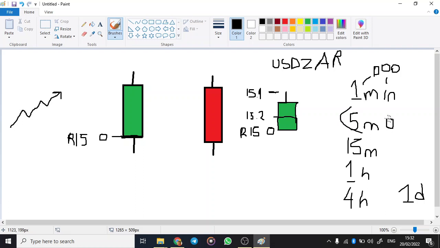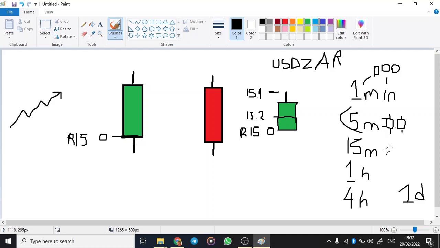So one candlestick here will take 5 minutes to open at a price and close at another price. And from the 6th minute to the 10th minute, we'll have another candlestick form.